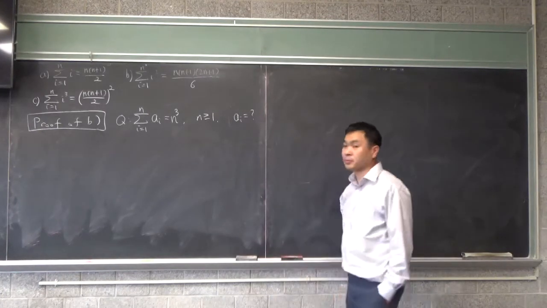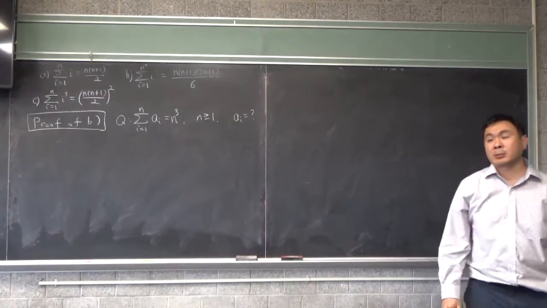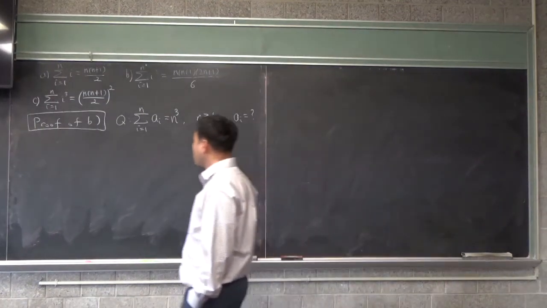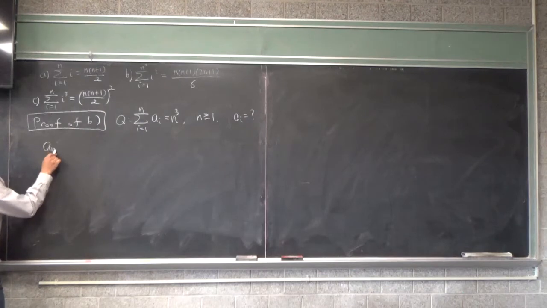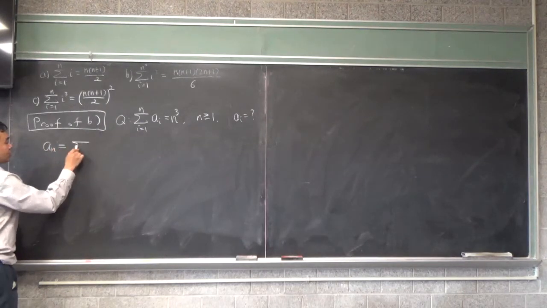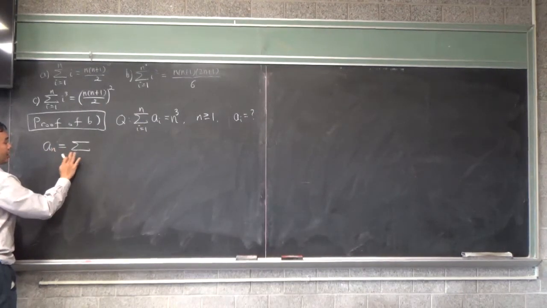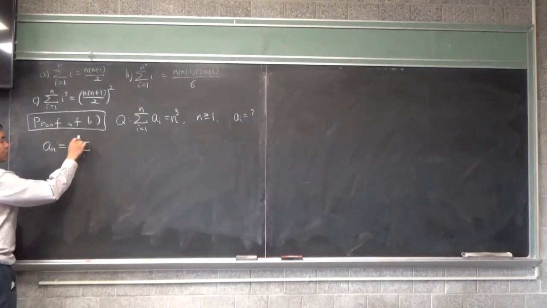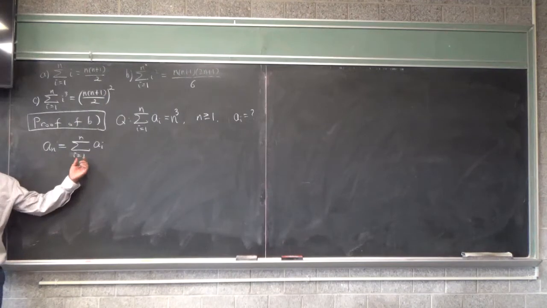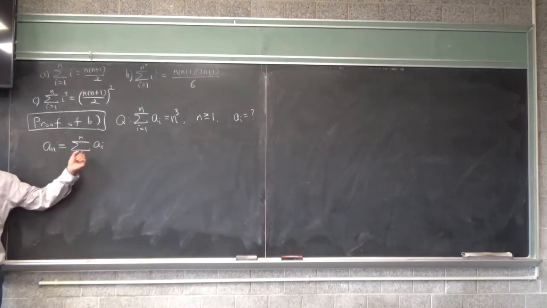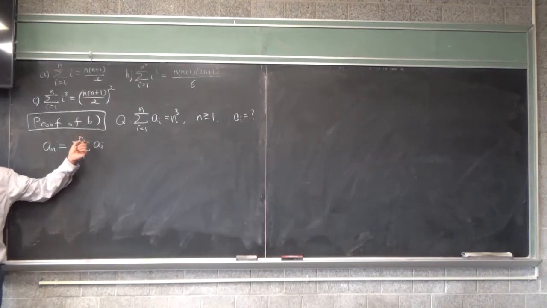That's the question. Now, how do you answer this? Well, a_n would be the summation of i from 1 through n of a_i. So what is this? This is a1 plus a2 plus a3 all the way up to a_n, right?